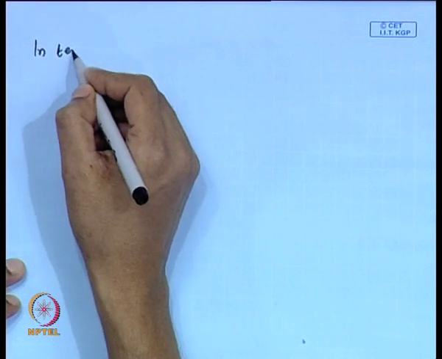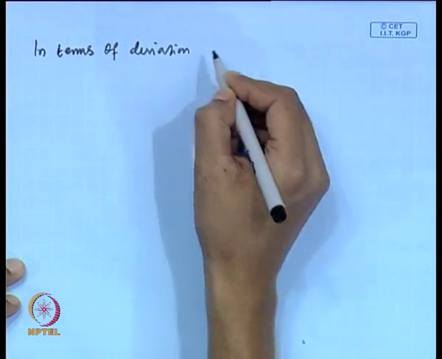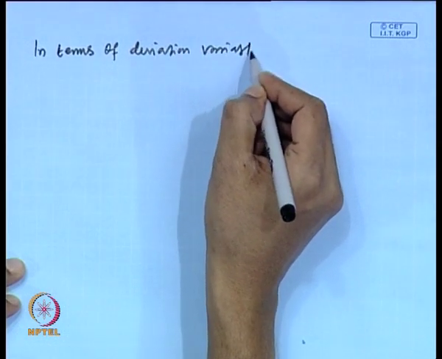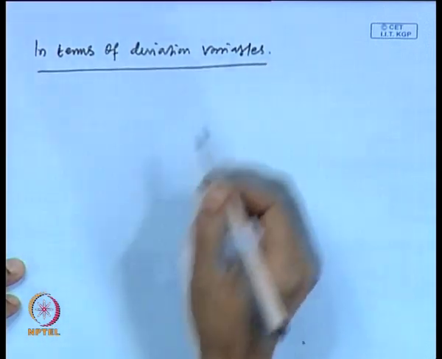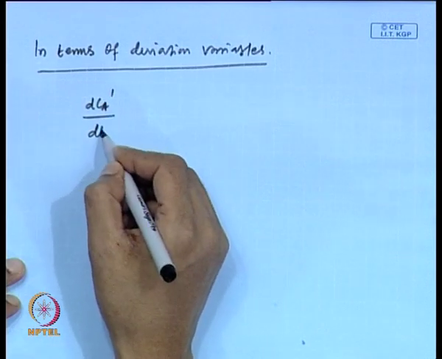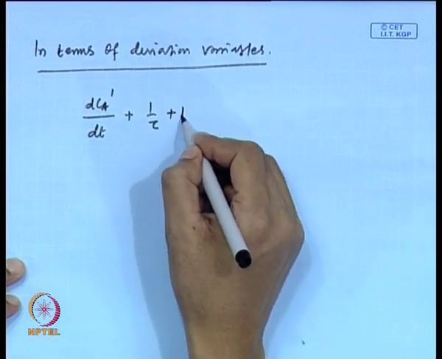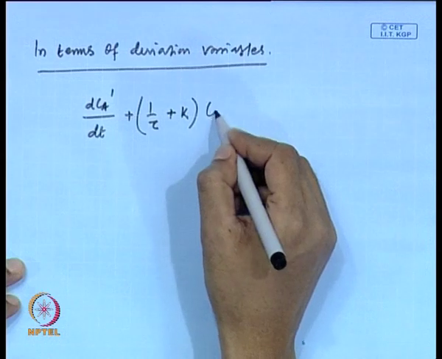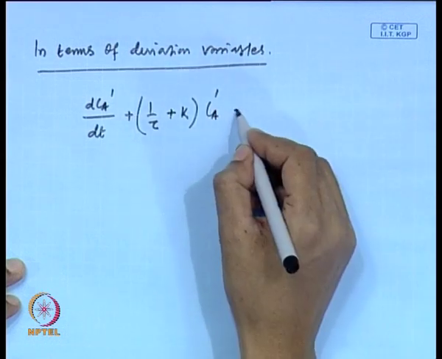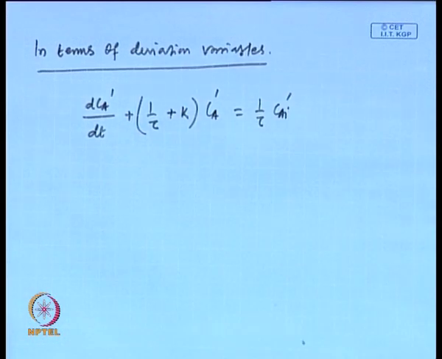You directly write the equation in terms of deviation or perturbation variables: dCA prime/dt plus (1 by tau plus K) multiplied by CA prime equal to 1 by tau CAi prime.